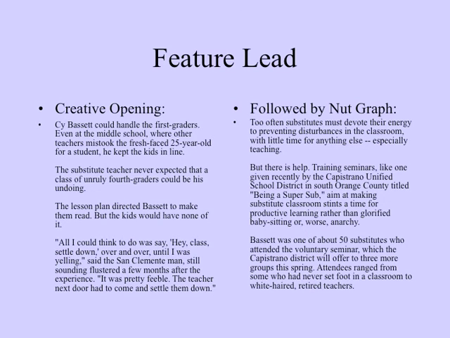And then in the 5th graph, which is the first graph on the right side of the slide, that is more the beginning of a transition to a nut graph. And looks like the 6th graph, which begins, but there is help, training seminars, that graph is really the whole point of the story. So that would be the nut graph. So that's the example of the structure of the feature lead.